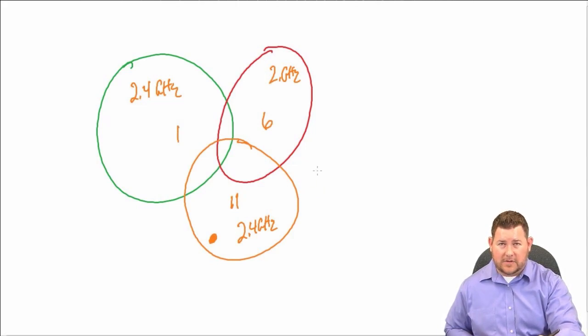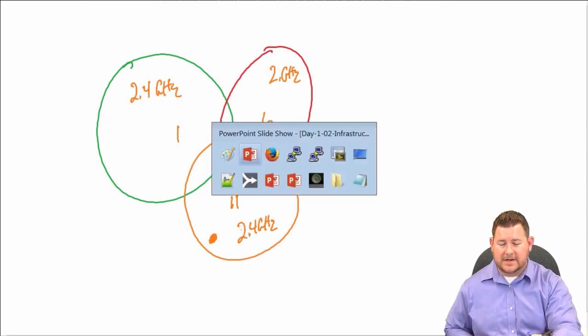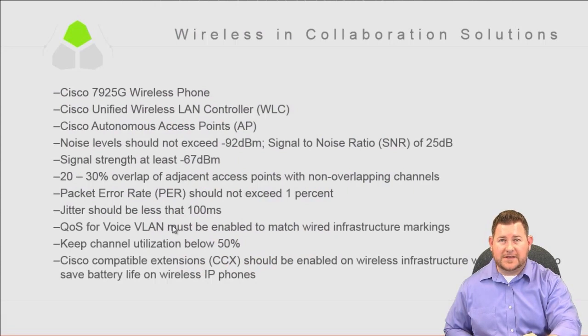There are non-overlapping channels in 802.11b, which is a wireless standard, now that we have other ones. But the point here is it's asking you to have 20 to 30% overlap of adjacent access points with non-overlapping channels. So 20 to 30% overlap.